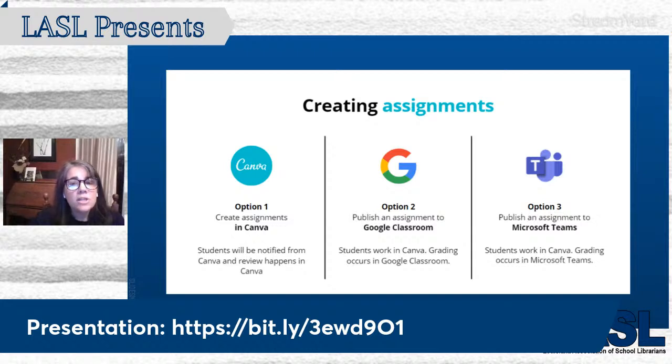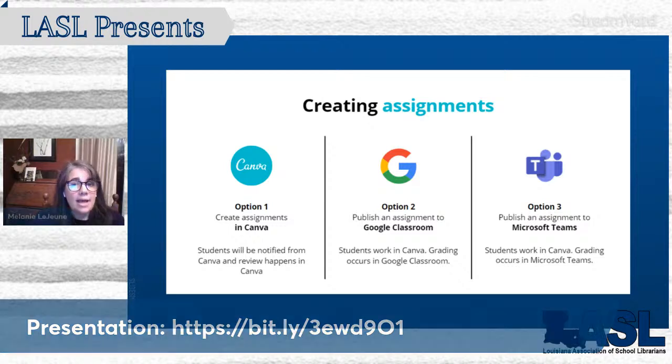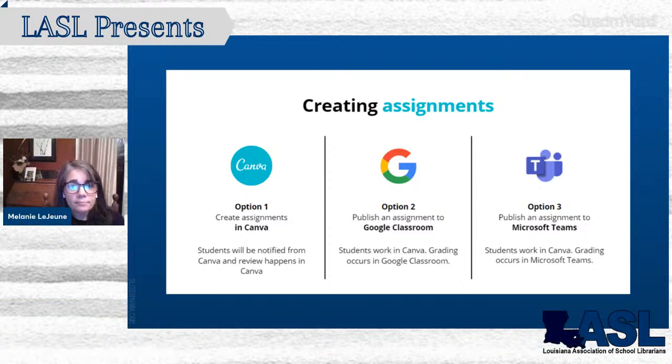And I want to talk a little bit more about creating assignments with students, because I really love this process. So again, three ways you can send through Google Classroom or Teams. The first option is just to send it through Canva itself.